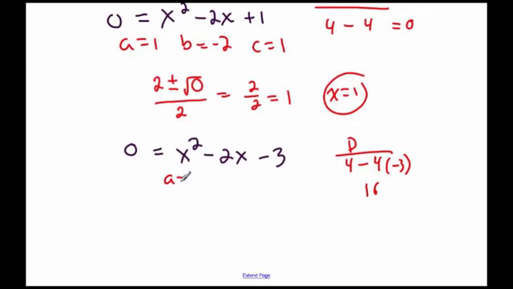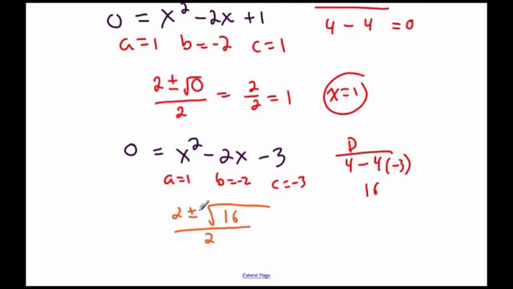Again, a is equal to 1, b is equal to negative 2, c is equal to negative 3. So when we plug into the quadratic formula, we have negative b, which is negative 2, or 2, plus or minus the square root of 16. And this is all over 2a, or 2.